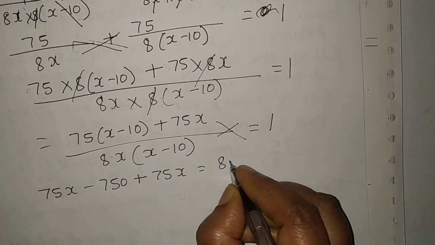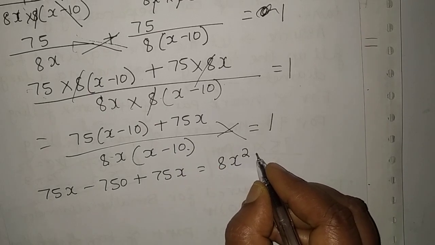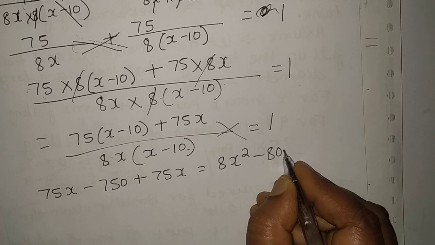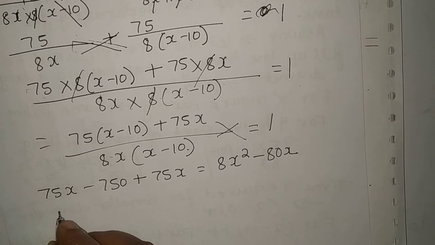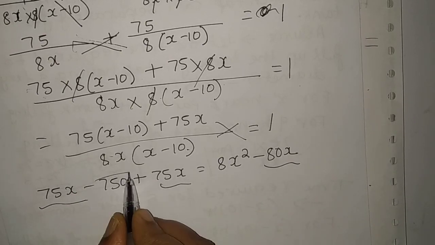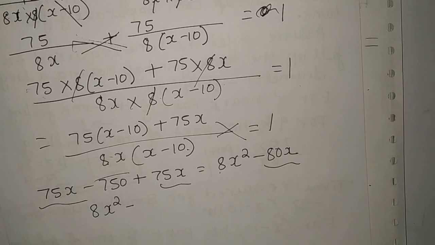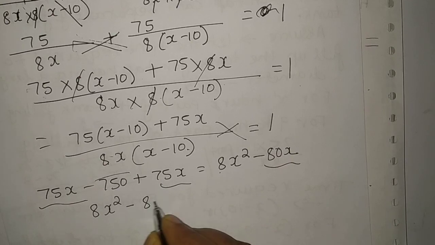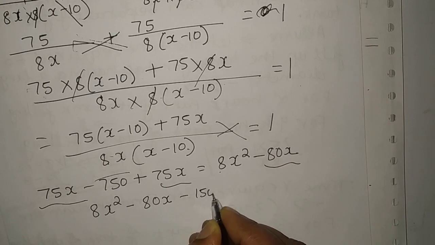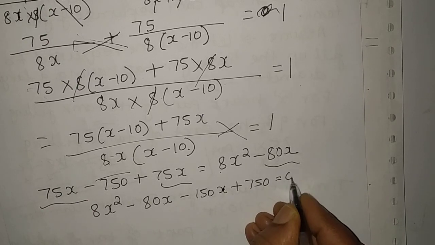8x into x is 8x square, 8x into 10 is minus 80x. So now let's write this in expression form. Take all x one side and the numbers on the other. First we'll write 8x square. Simplify all these: minus 80x minus 150x plus 750 is equal to 0.